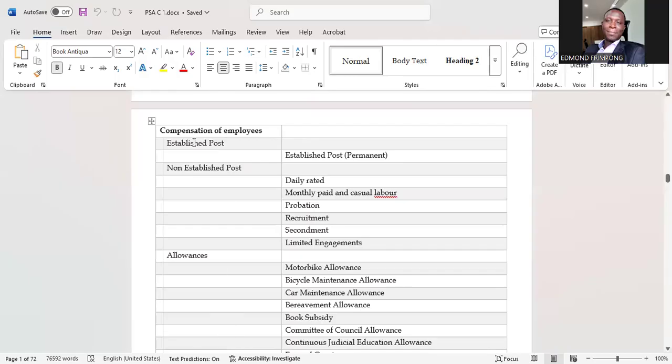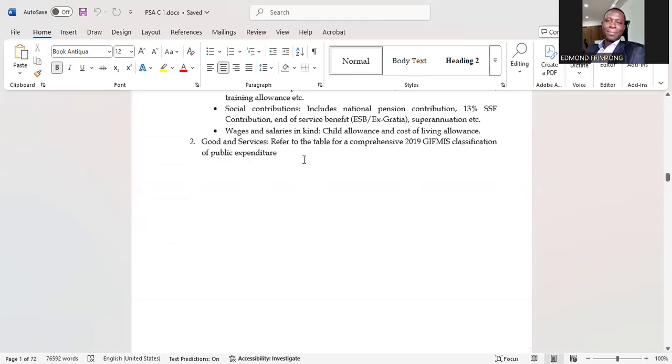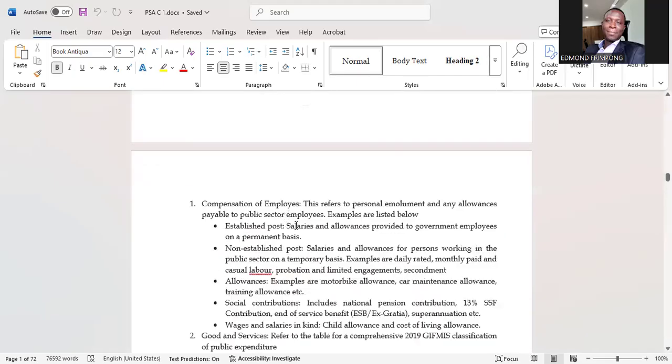The first one is what? Established post. I explained that earlier in the video on the 3rd of May. Established posts are salaries and allowances provided to government employees on a permanent basis.